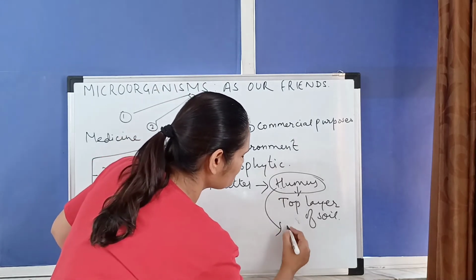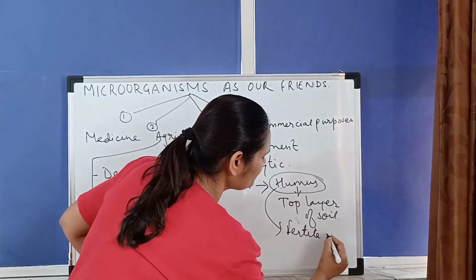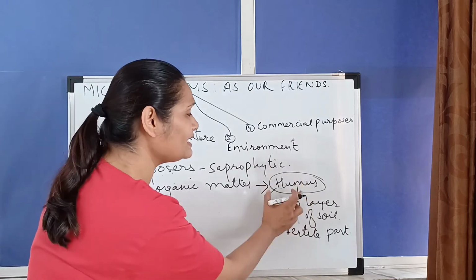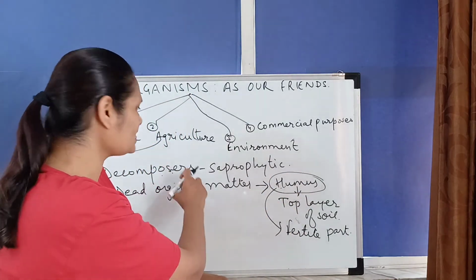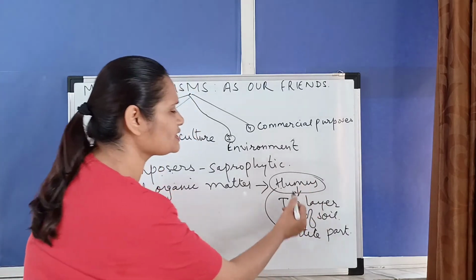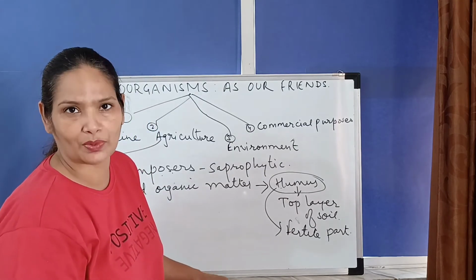Humus is the fertile part of the soil, or it makes the soil fertile because it contains the nutrients, right? This dead organic matter, when it is decomposed into nutrients, this humus part of the soil contains the nutrients which are required for the crops to grow and flourish.